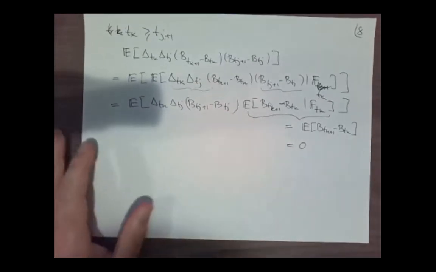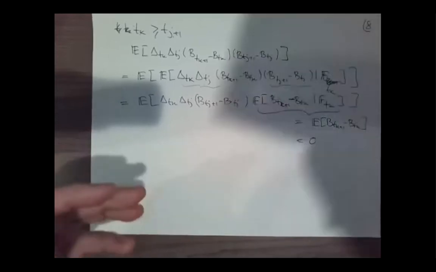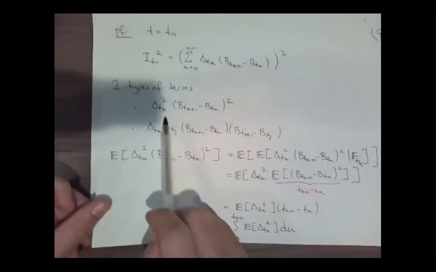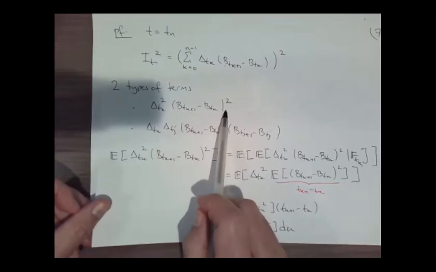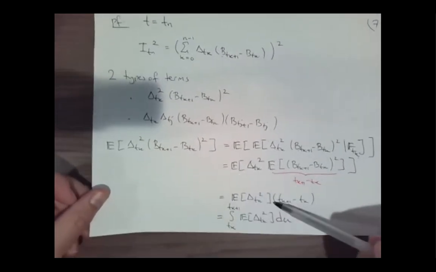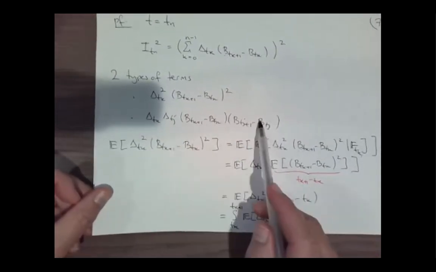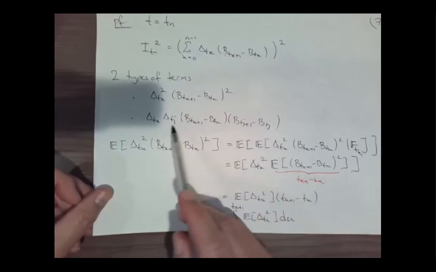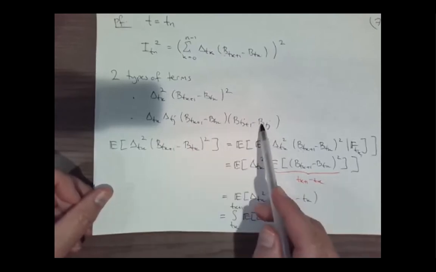Okay, so now we got these diagonal terms. We figured out what that expectation is, and the off-diagonal terms all have expectation 0.